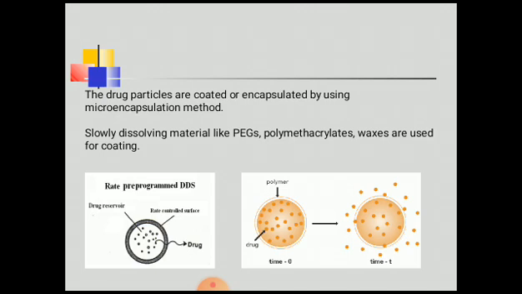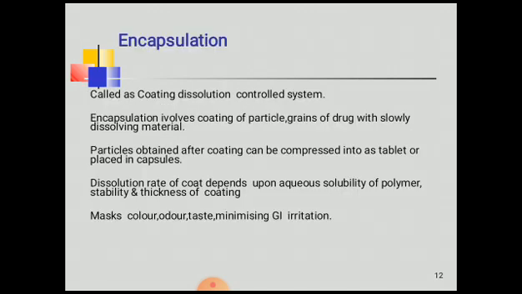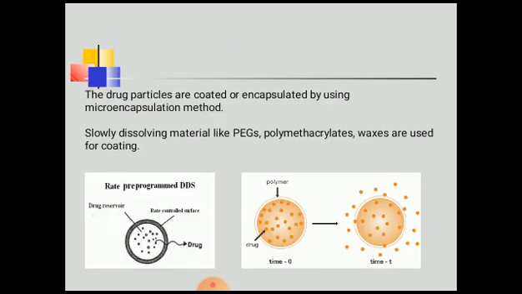Once the fluid starts to reach this tablet or capsule, it will absorb the dissolution fluid, and the polymer layer will start to solubilize slowly. Once the solubilization has occurred, the drug inside this coated material will start to release out of the polymer layer. That's it. I hope you understood. So this is about the encapsulation system.